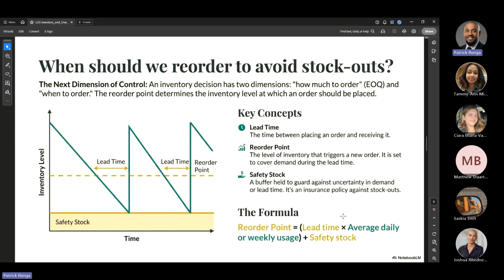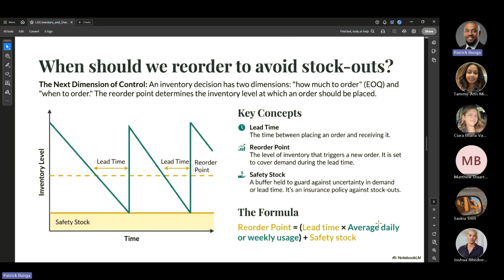Look at this formula. You see the lead time multiplied by the average daily or weekly usage. So, for example, if your production is more in terms of weeks, you will look: if I have 4 weeks of lead time, what is my usage on a weekly basis?